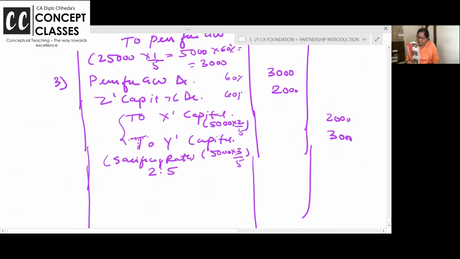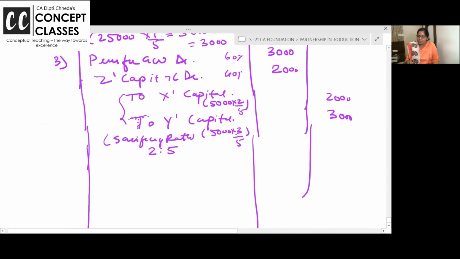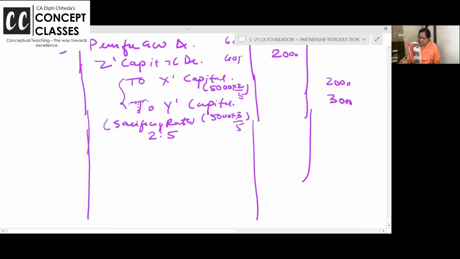Cash to premium for goodwill. Premium for goodwill. Now this is done. Next, they have said the amount of goodwill withdrawn by the partners is 30%. So fourth entry. X capital account debit 2,000's 30%, 600.